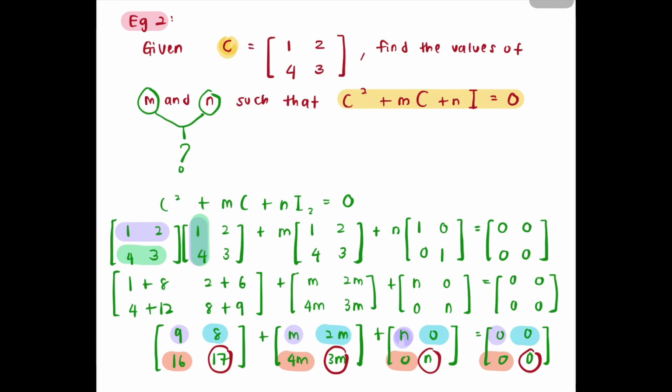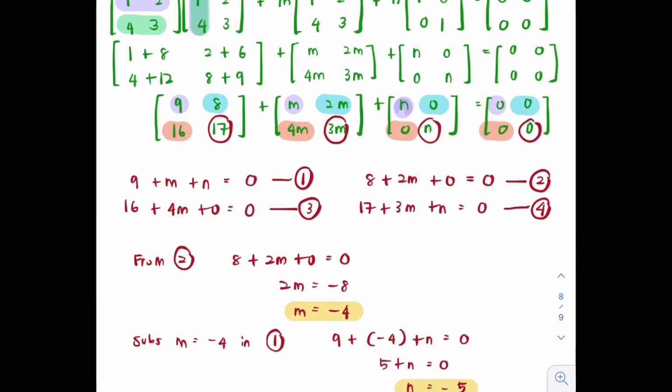So all of the sizes here should be 2 by 2 matrix. So let's multiply C times C. And then for M, multiply M to each of the entries of C, and for NI, just multiply inside. Then you can simplify everything. You'll get this matrix here.